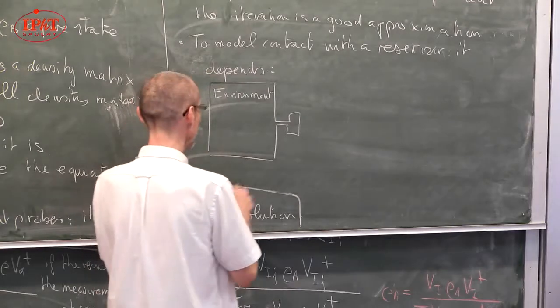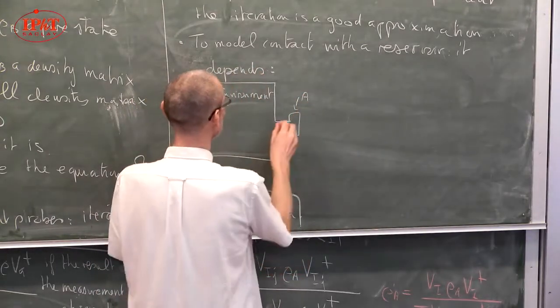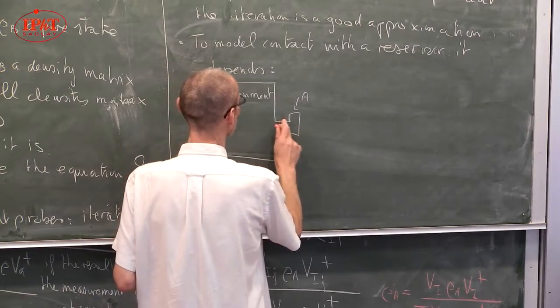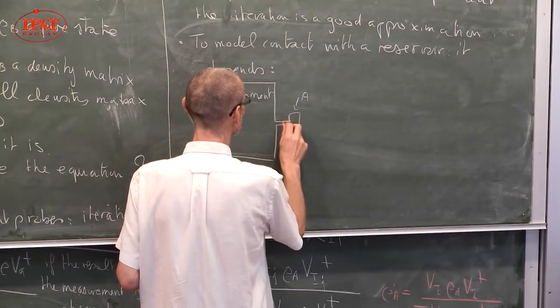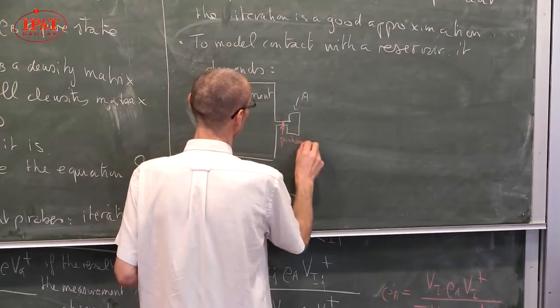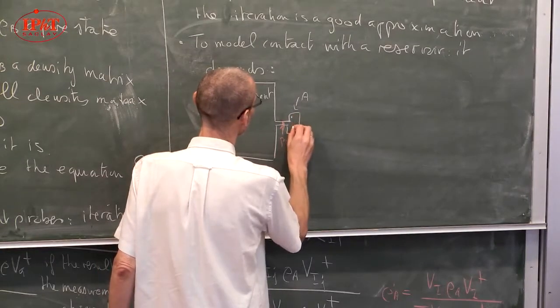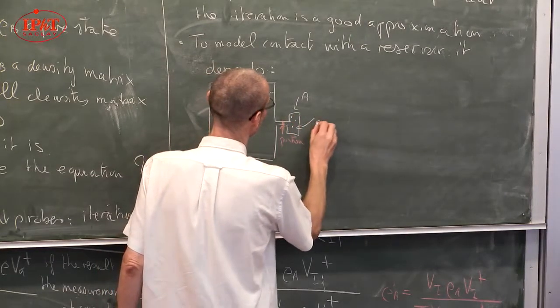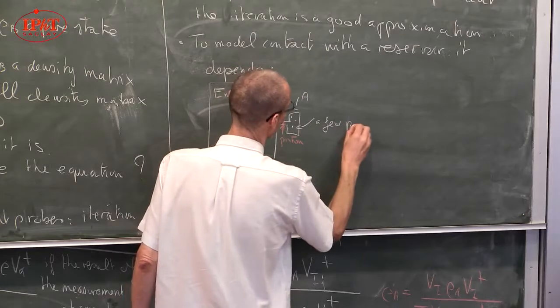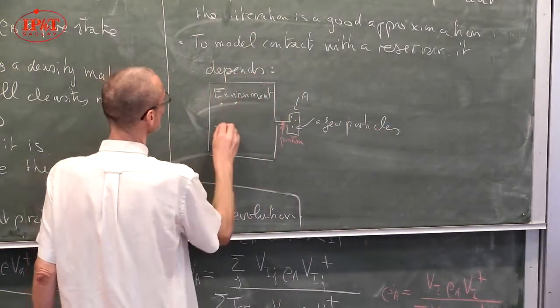And here I have my system A. Here I have some kind of piston, let's say. And here I have a few particles. And here I have many particles.